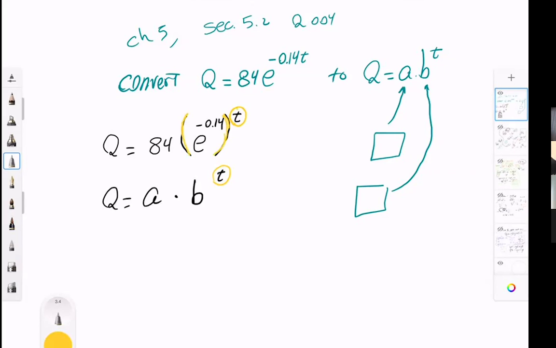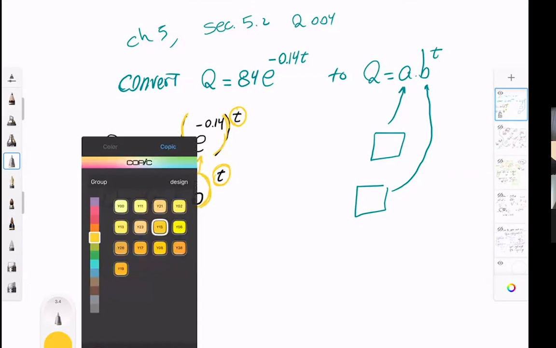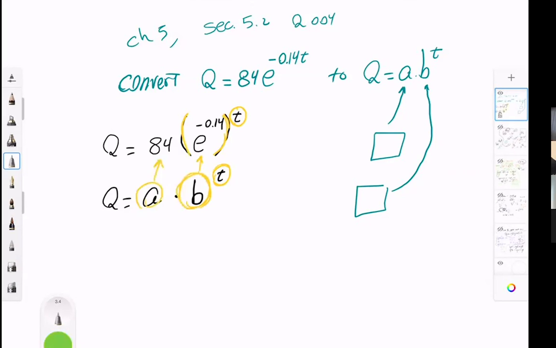That means the base of that T, this is a T, and that's the base. So for sure, this should be equal to that, and A should be that. Agree? So that's a good vision. So I'm going to say A equal to 84. I'm positive. Done. Now B equal to E to the power negative 0.14.